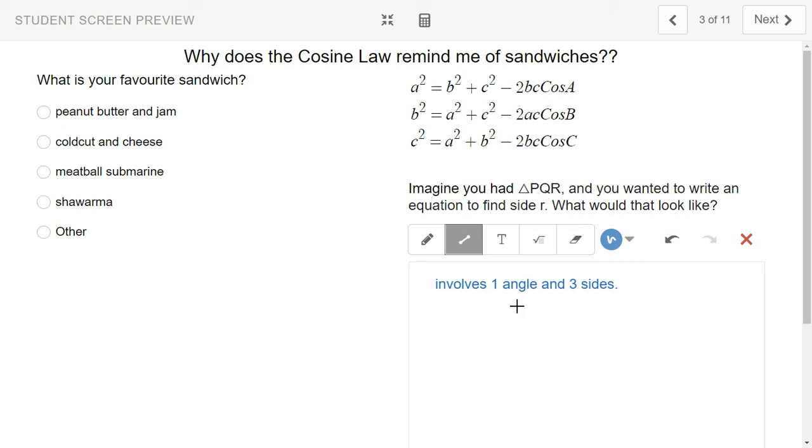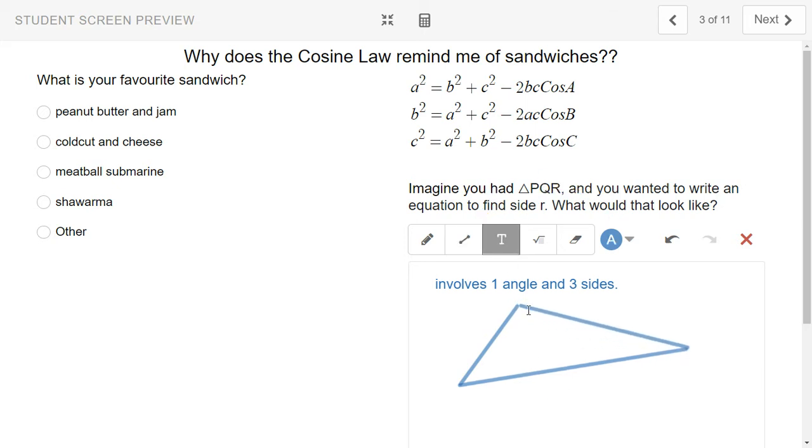Triangle PQR. So I've got the corresponding sides R, corresponding Q, and corresponding P. If I'm looking for side R, then I would put R at the front, and then it has to end with the R as well.